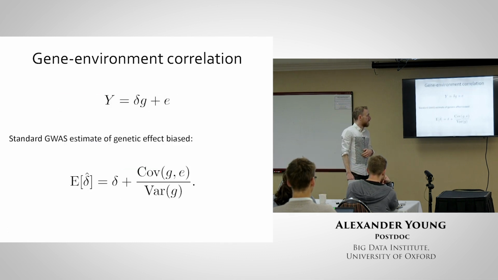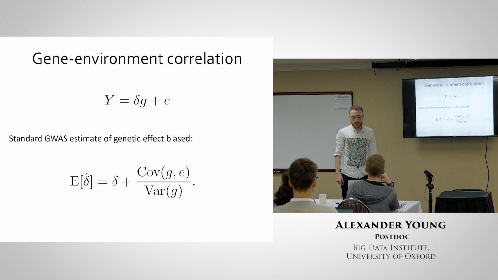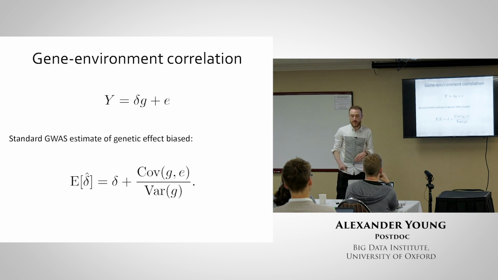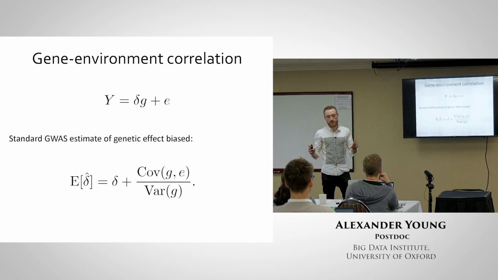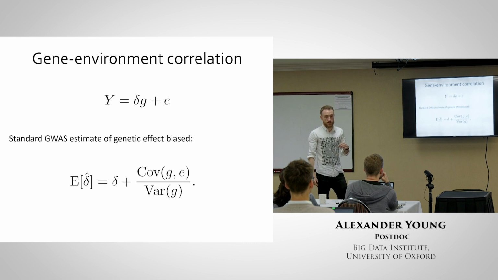So why should we care about gene-environment correlation? There are various reasons, but I think the most pressing reason that the field is concerned about is that it biases GWAS effect estimates. So for the theoretical derivations, I'm just going to consider a toy phenotype that's determined by the direct causal effect of a genetic variant when you inherit it, and then some environmental influence.